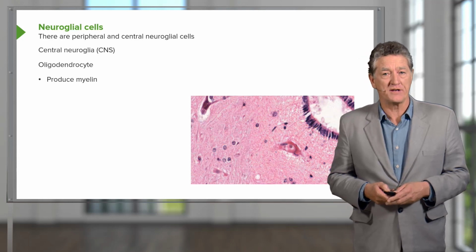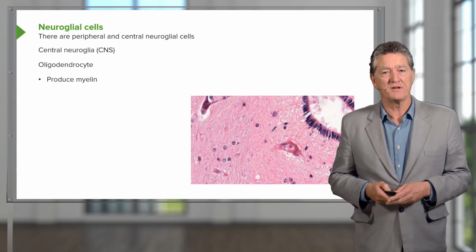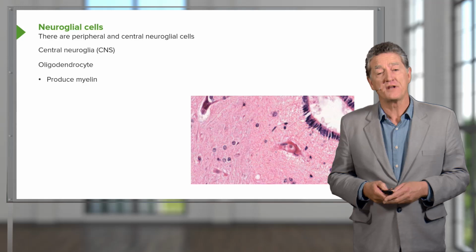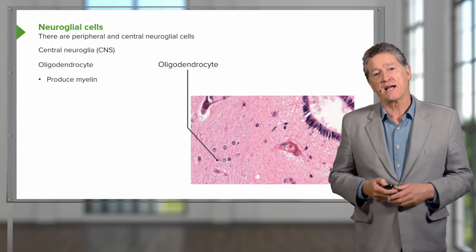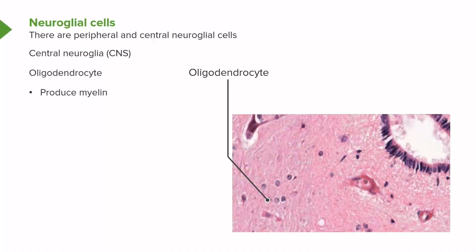For instance, the oligodendrocyte has a very small, round, dark-stained nucleus, and you can see that labelled here. One point about the oligodendrocyte, which makes it different to the Schwann cell, apart from its location, is that the oligodendrocyte can myelinate a number of axons, whereas the Schwann cell can only myelinate a single axon.